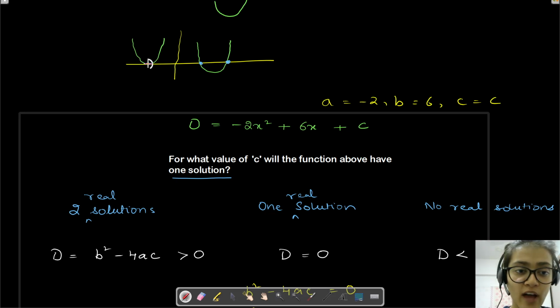In this case, you have just one real solution, so the graph is touching the x-axis at just 1 point. And in this case, there is no real solution, so the graph is not touching the x-axis at all. Okay, so that's another way the question can be asked. And most likely they are going to ask the question in this way.